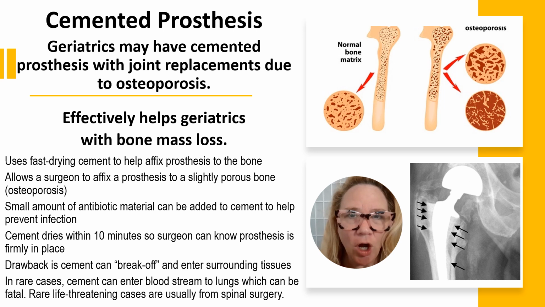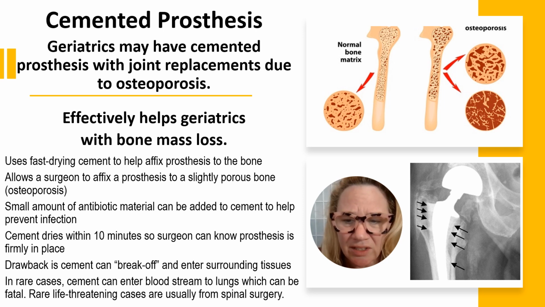Now, a very large population of geriatrics experiences bone loss as we grow older. So how do you do joint replacements with porous bone? It can be considered impossible, right? Well, there's cemented prosthesis that can happen with joint replacements. In the lower right-hand corner, you'll see an X-ray of a prosthesis that has been placed into the femur bone for a hip replacement.